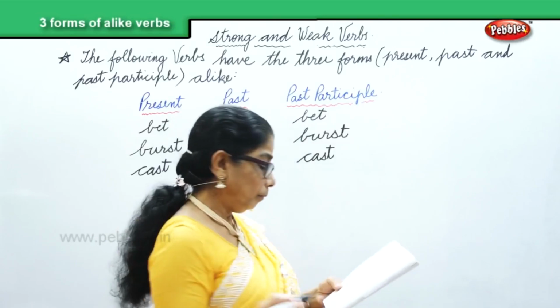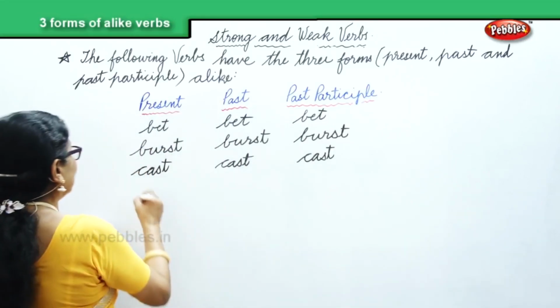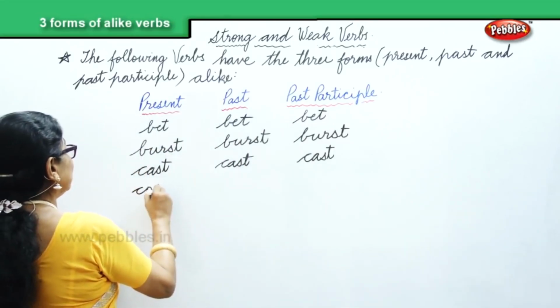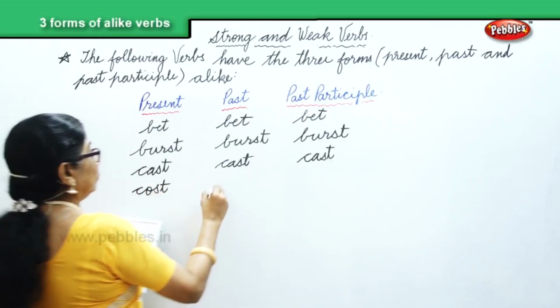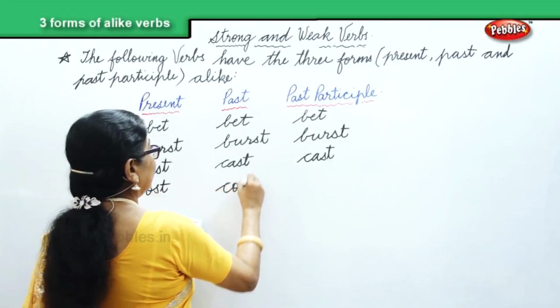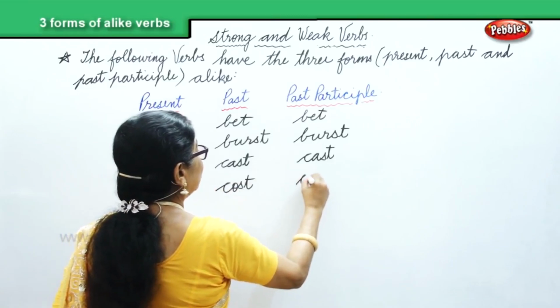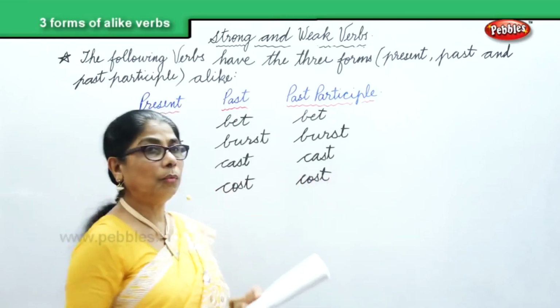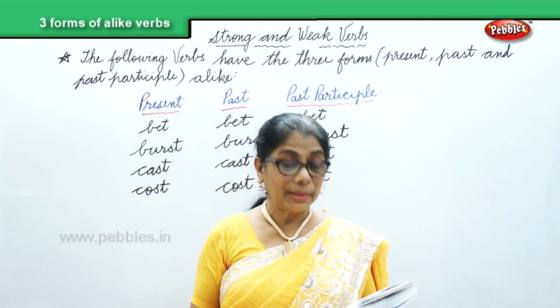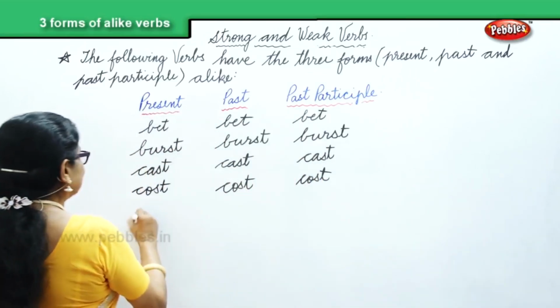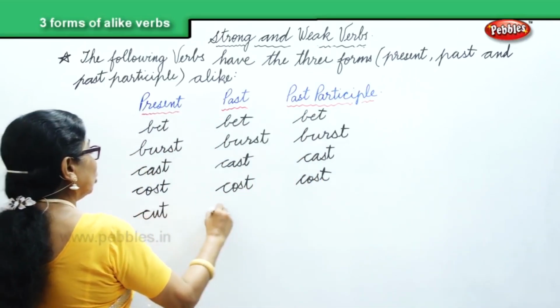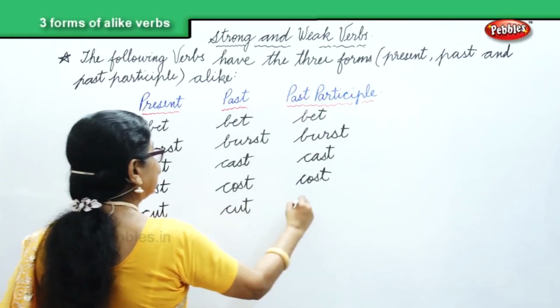Cost of something. Cost of a book or a dress, cost only. In all the three forms, the cost of one or ten or many, all the same. Cut, for cutting vegetables, you cut or cloth, it's all cut only.